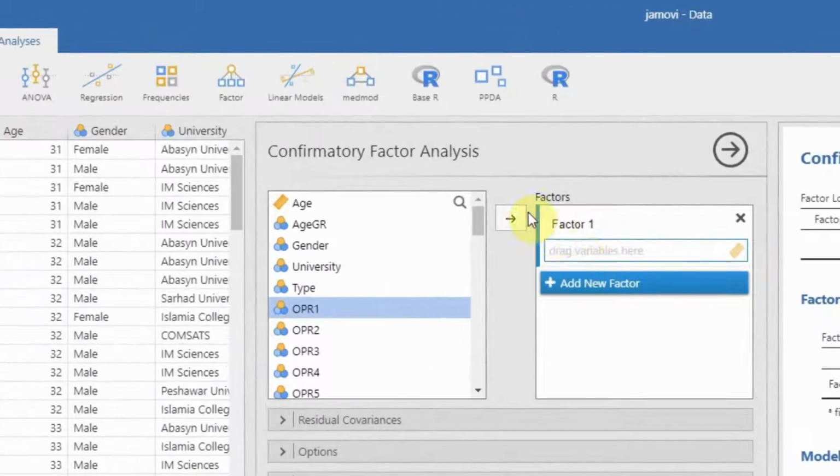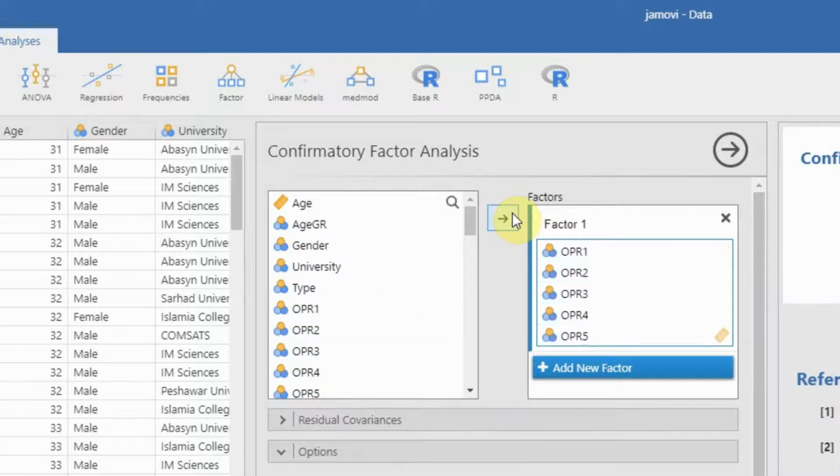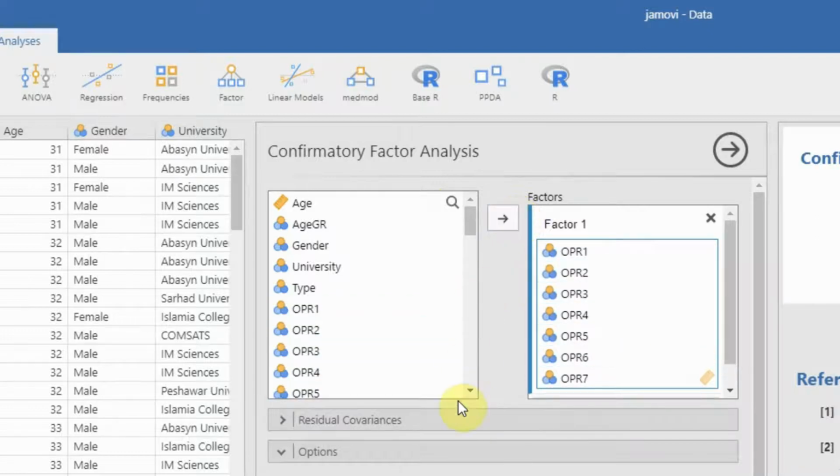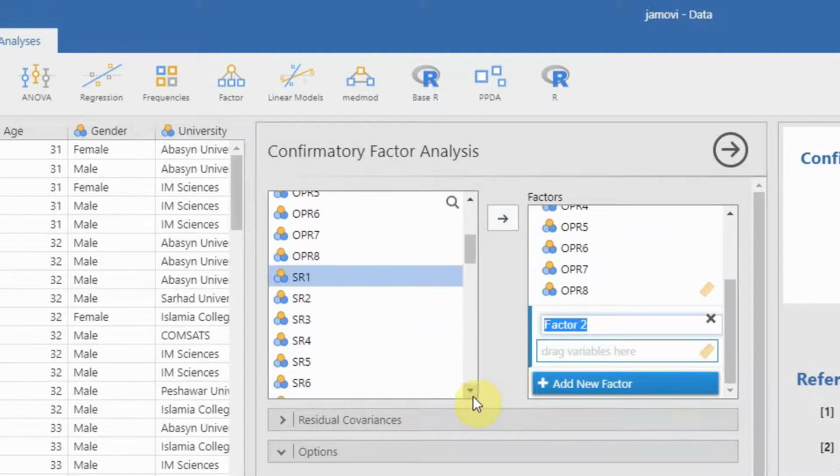So now it is asking for factors, because now we have done exploratory factor analysis and now we know what factors we have, how many factors we have. And let's go for, okay. Now yes, we'll do it quickly now.